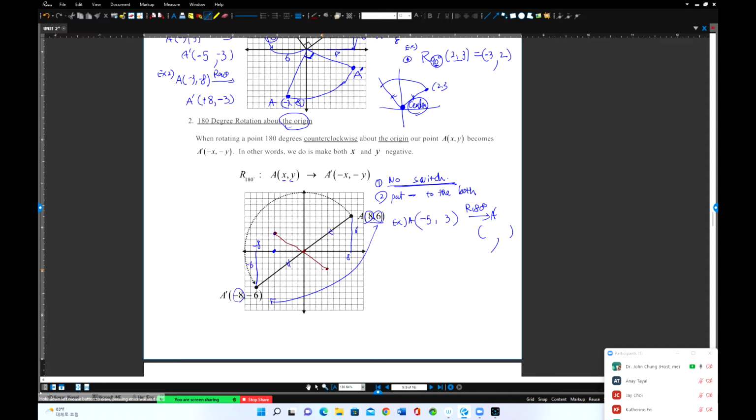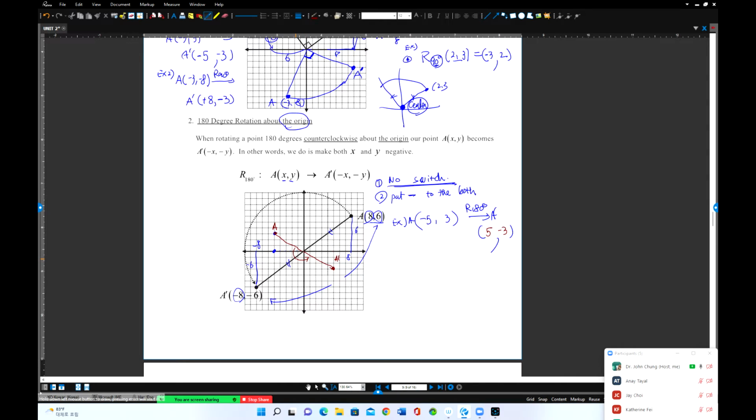Don't switch. Put the negative, which means change the sign. Negative 5 becomes positive 5, 3 becomes negative 3. So (5, -3). This is A prime, 180 degrees.